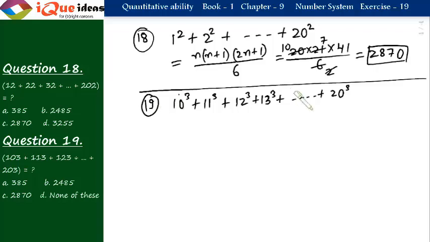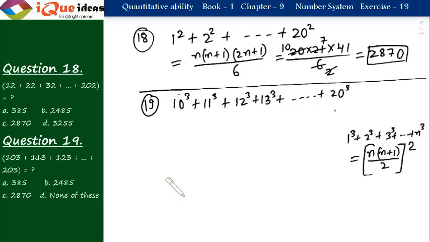Now we have a formula for sum of cubes, that is 1 cube plus 2 cube plus 3 cube up to n cube, and that formula is n into n plus 1 upon 2 whole square, right? This is the formula for sum of cubes.